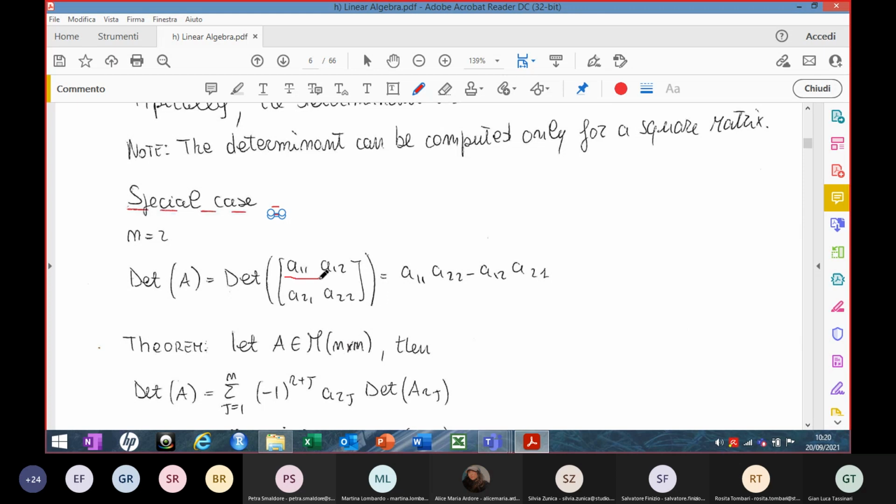Develop the determinant along the first row. Remember, you have to do -1 to the power, and simply follow what I wrote above. -1 to the power the sum of these indexes, 1 plus 1, which is 2. Times what? Times the determinant of the matrix.